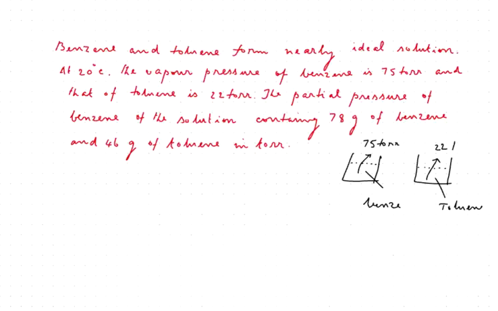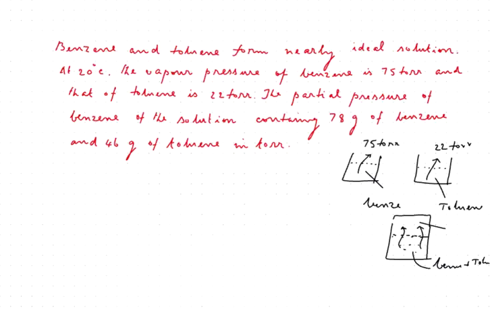Now the problem is when these two things are mixed together. Now I am taking a common beaker in which both the benzene and the toluene are added together. Now the benzene will evaporate and toluene will evaporate, and the region above the liquid surface will contain the benzene vapor and the toluene vapor.